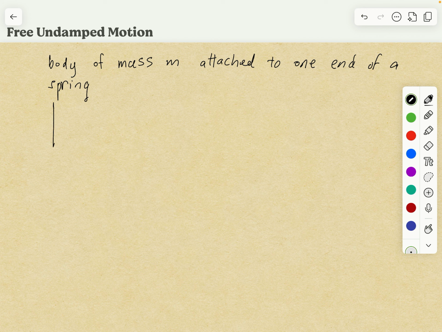So here's the wall, and you have some spring, and you have some object of mass m attached to it. And let's say that at this point here, the way I drew it, this is the equilibrium point.